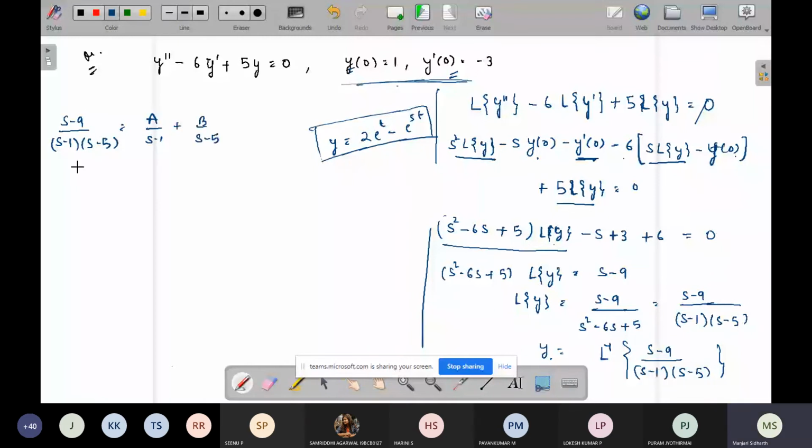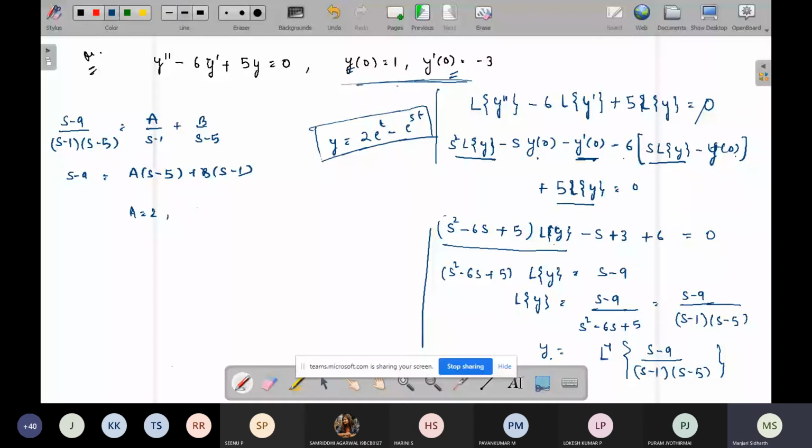Then s minus 9 equals a into s minus 5 plus b into s minus 1. Comparing the coefficient of s and the constant term, you need to find the values of a and b. So a value you will get as 2 and b value you will get as minus 1.